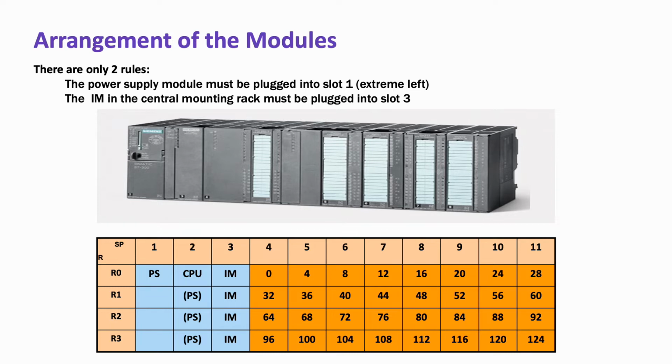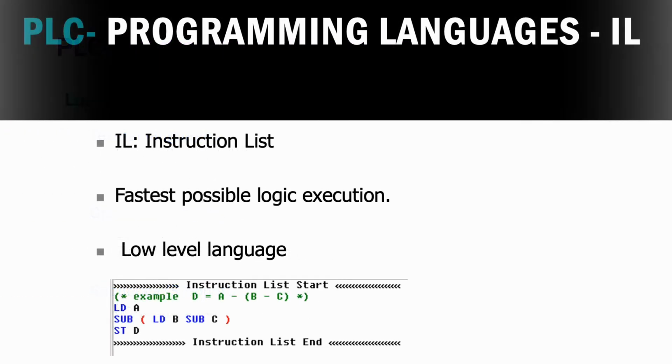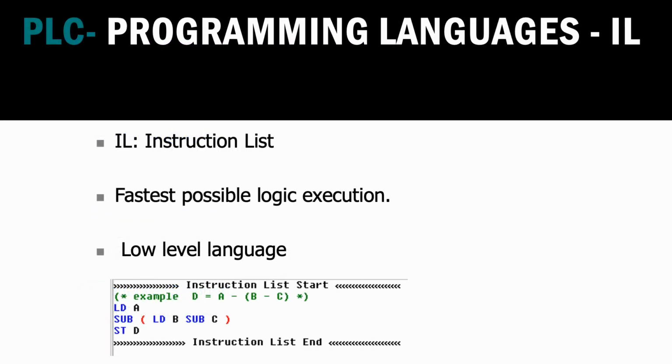To develop the PLC logic, we need to know what the PLC programming languages are. According to IEC standards, we have textual languages, graphical languages, and sequence language. In the textual language, instruction list, the programming looks like instructions. This is a very low level language.